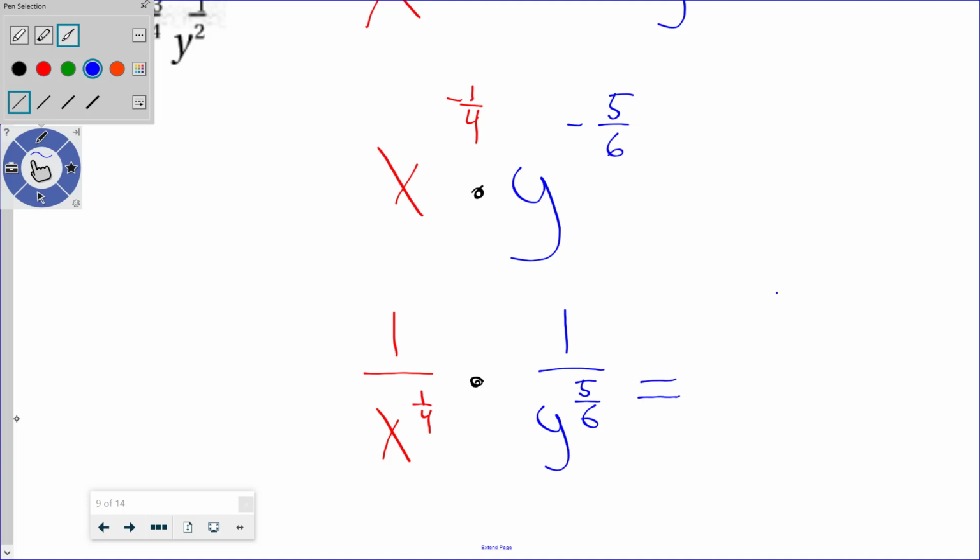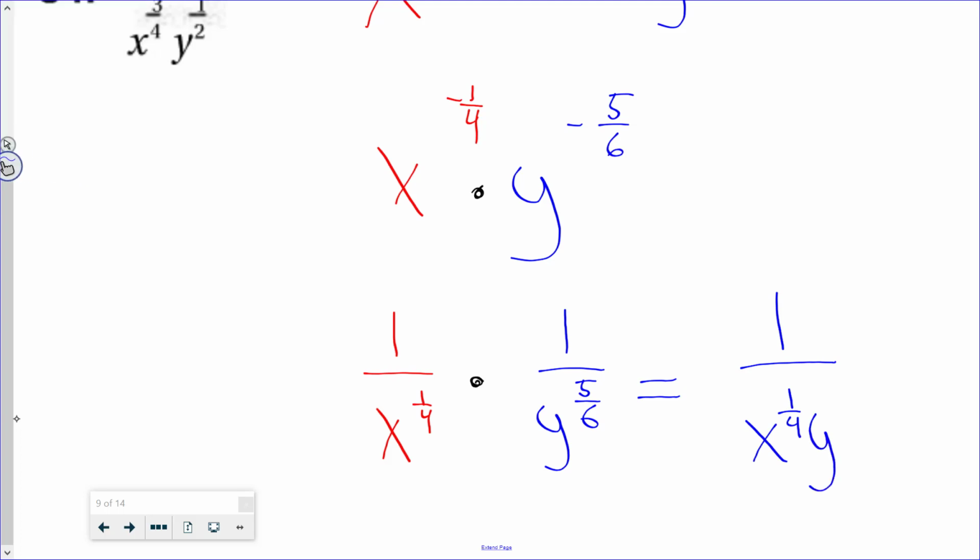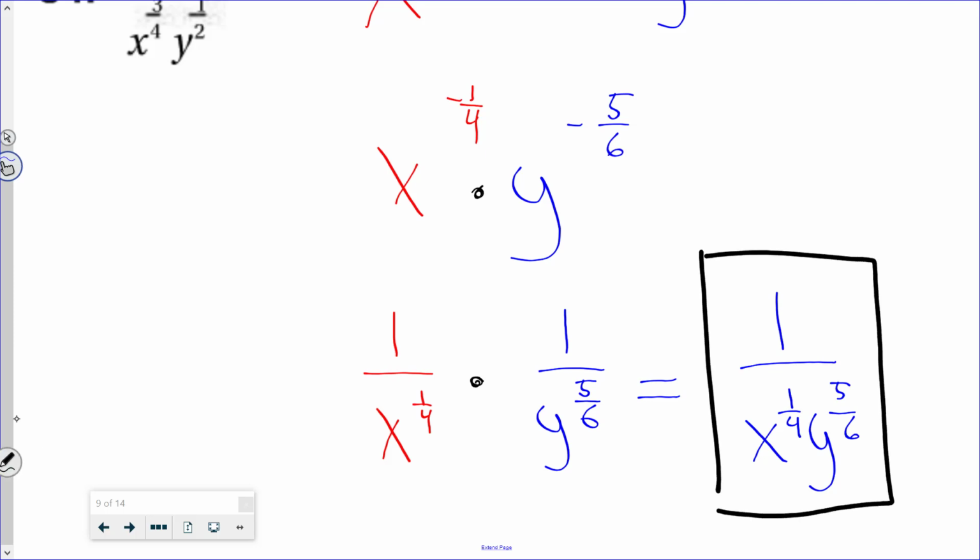And this is just equal to 1 over x to the 1/4 y to the 5/6. Everyone good? All right.